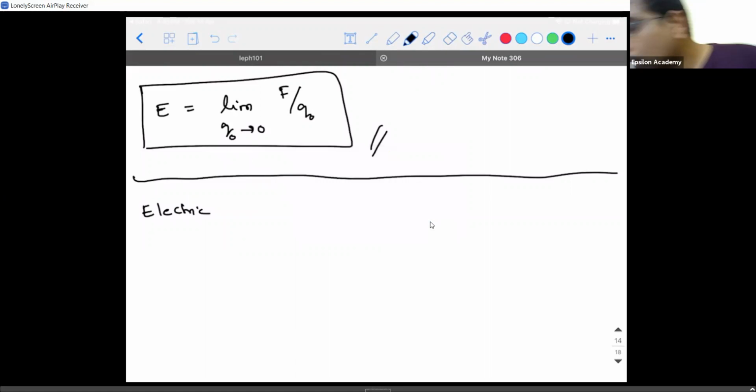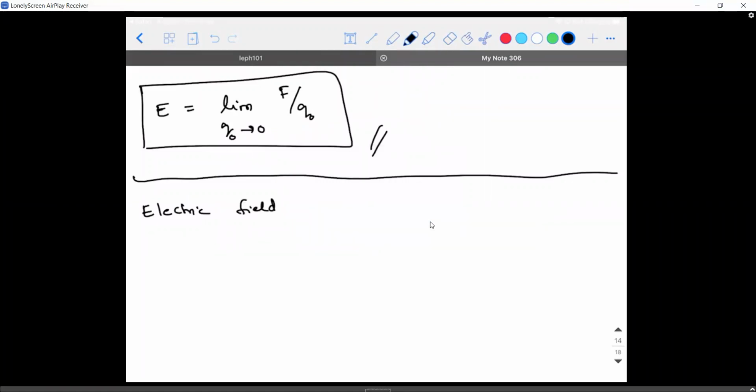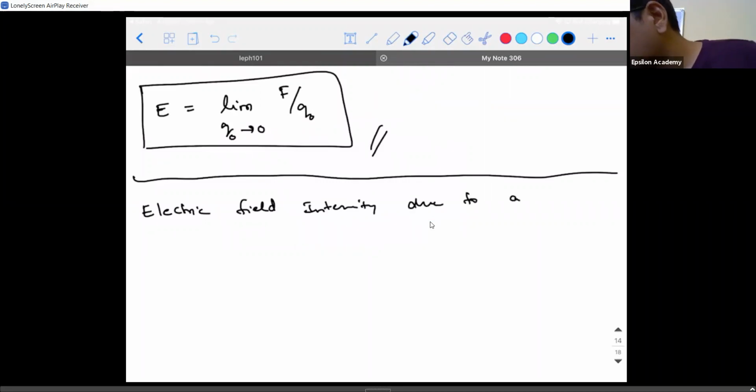Electric field intensity. Now I am going to discuss electric field intensity due to a point charge. Now I am going to derive a mathematical expression for the electric field intensity due to a point charge.